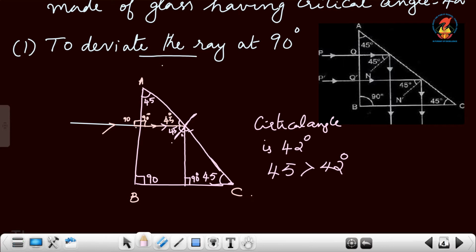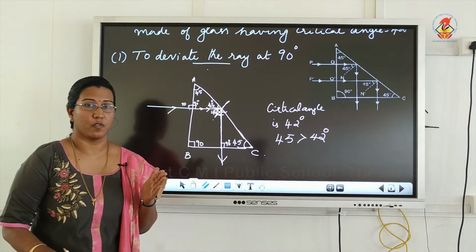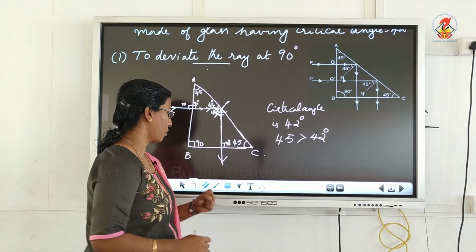So again it is hitting the other surface or the interface BC normally. So without any deviation in its path, the ray will come out. In this case, the ray which entered the prism got deviated by 90 degrees. So this is how a total reflecting prism works to deviate a ray through 90 degrees.